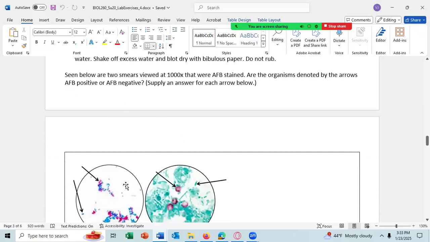See below are two smears viewed at 1,000 total magnification that were acid-fast bacteria stained, meaning we applied the acid-fast stain. Are the organisms noted by arrows acid-fast positive or acid-fast negative? Supply an answer for each arrow below.